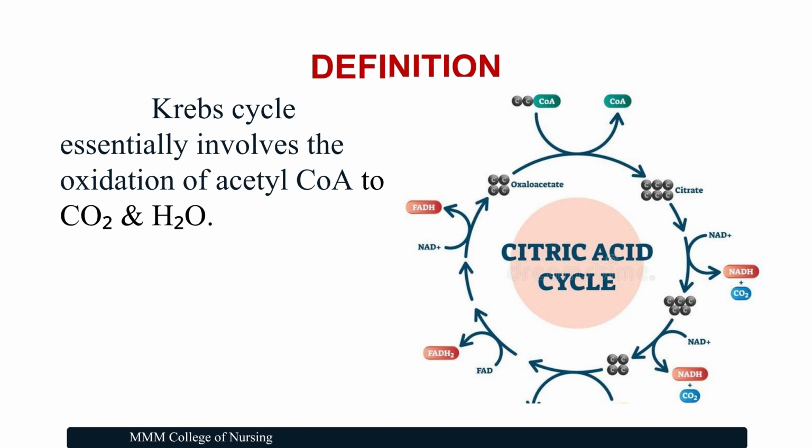The two carbons from acetyl CoA are eventually released as carbon dioxide, that is literally the CO2 we breathe out every time we exhale, and water is also formed as a byproduct. So food and acetyl CoA, Krebs cycle, CO2 breathed out, water and energy captured. That is the big picture of this Krebs cycle.